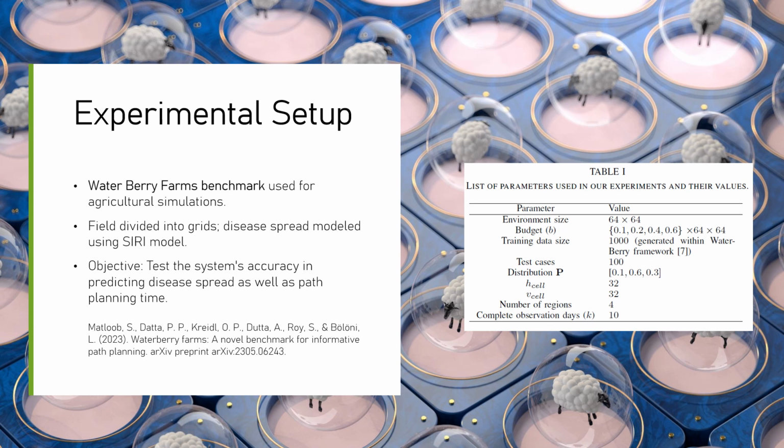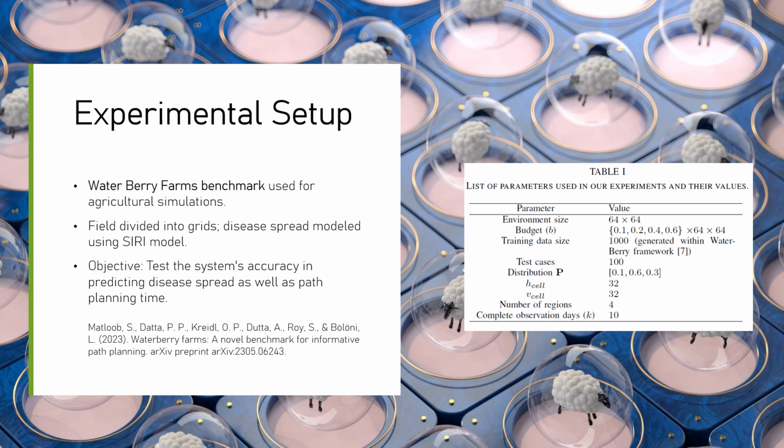Now, as I mentioned previously, the field is divided into grids, and the disease spread uses this model called SIR. The objective of these experiments is to test the system's accuracy in predicting disease spread as well as path planning time. Now, some of the parameters used in our paper are listed on the right-hand side.